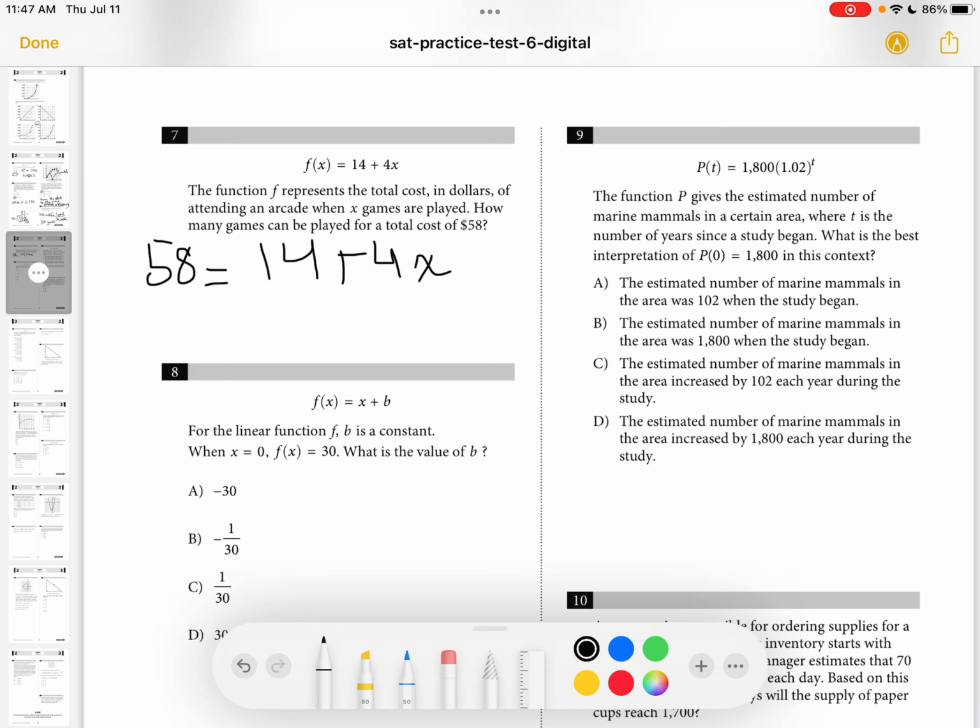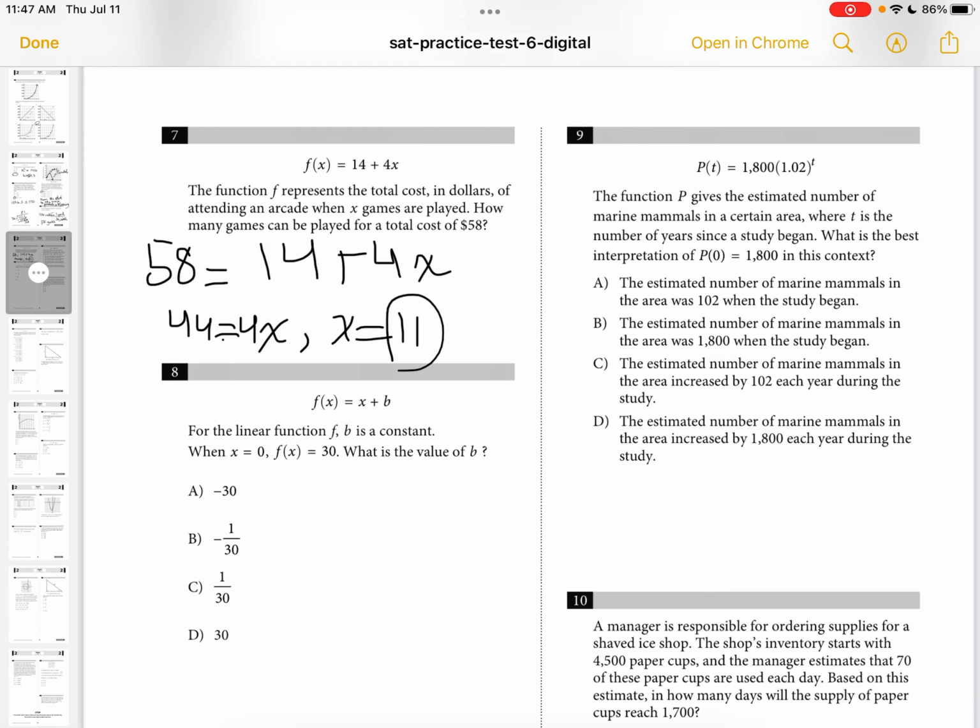If we solve for x, we'll know how many games we can play. 58 minus 14 is 44. That's equal to 4x. So x is equal to 11. So we can play 11 games at the arcade.